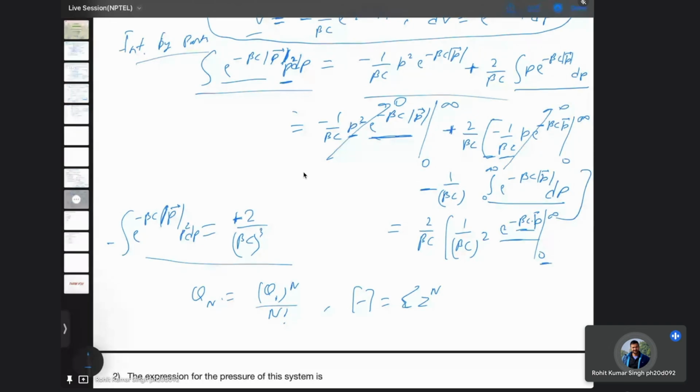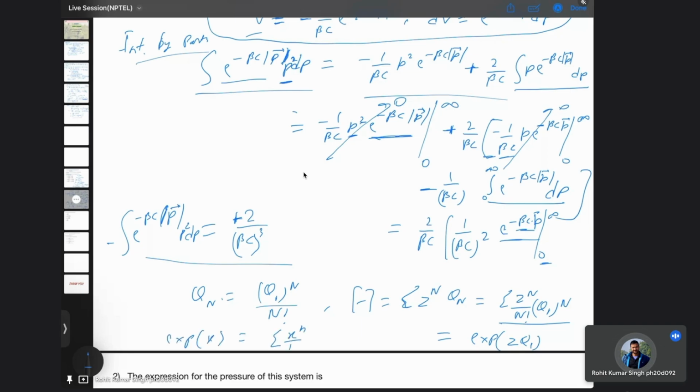Now this is just a series which is an expansion of the exponential of zq1. You know that exponential of x is given by sum over x to the power n over n factorial, right?